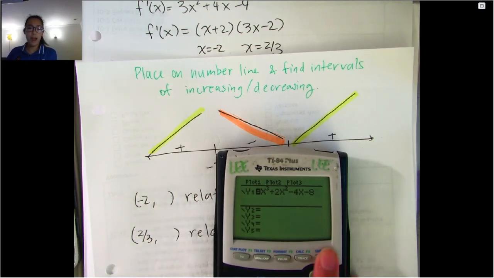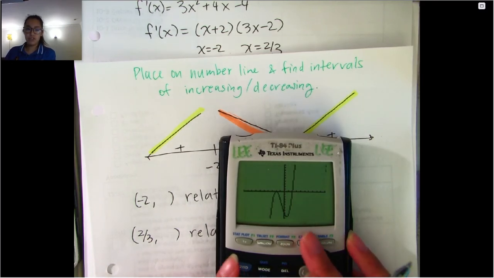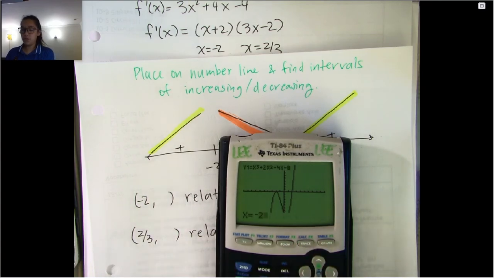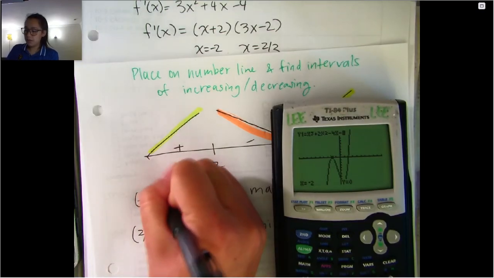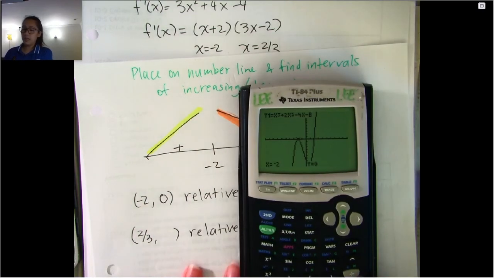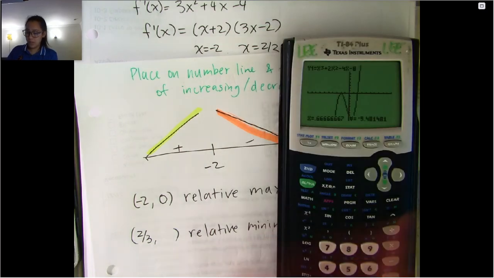Okay, so we press graph. And then if you press trace, and you press -2, that gets you a y value of 0, so -2, 0. And then we plug in 2/3, and we get y equals -9.481.